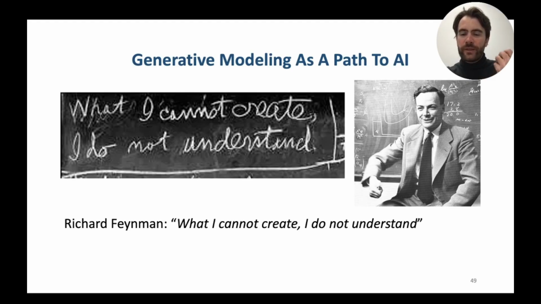So the idea here is that the process of generation is a step towards obtaining knowledge about the world, which in turn is a step towards building systems which exhibit intelligence.